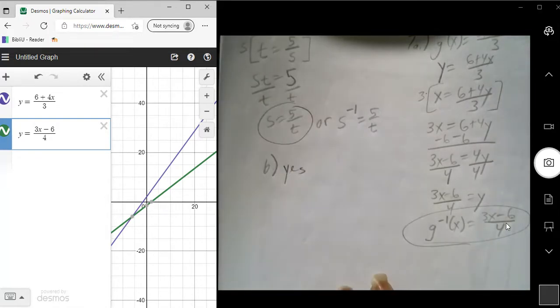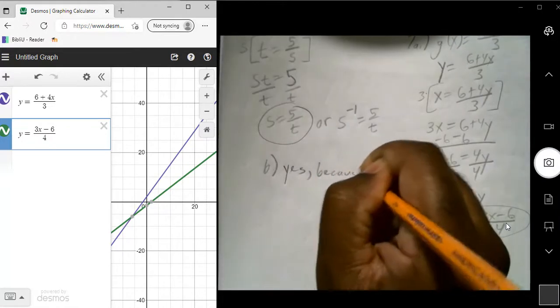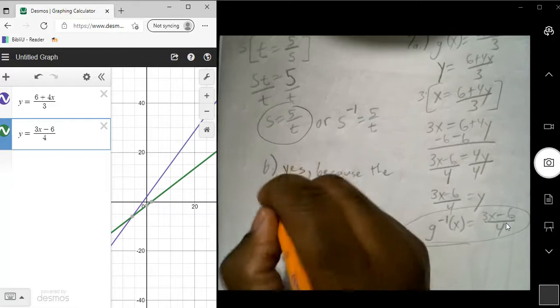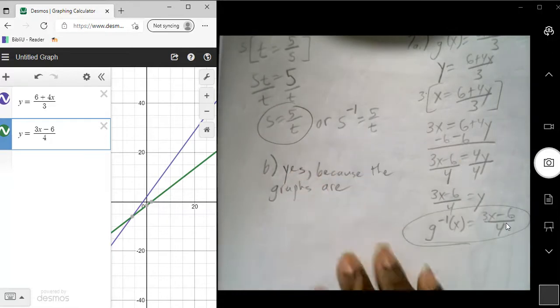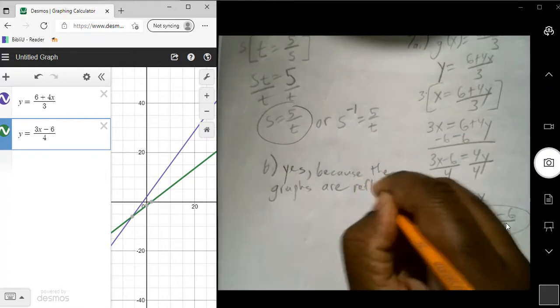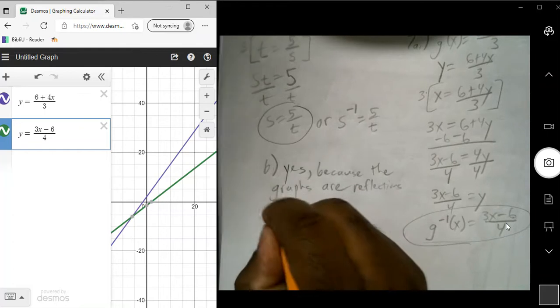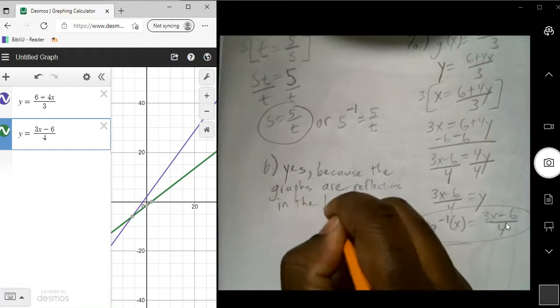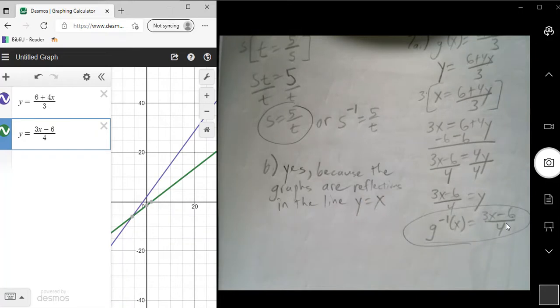And the reason is because the graphs are reflections in the line y equals x.